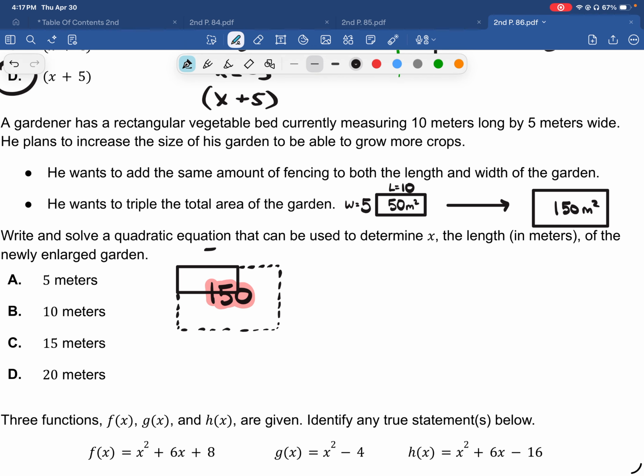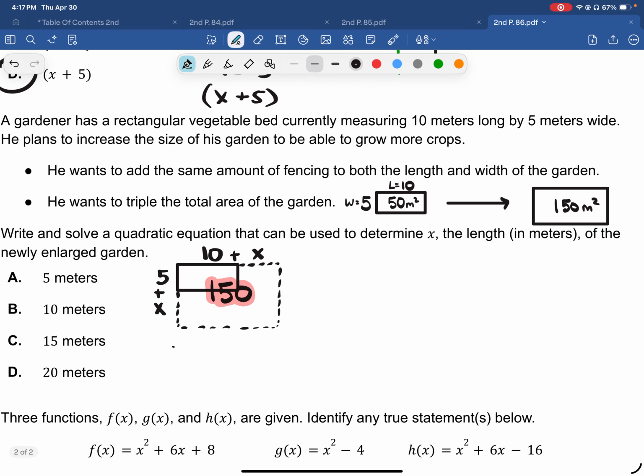Now, this was already 5, but I'm adding something, but I don't know how much. Or nope, that wasn't 5, that was 10. This was 5, but I'm adding something, and I don't know how much, so I'm going to call it x.